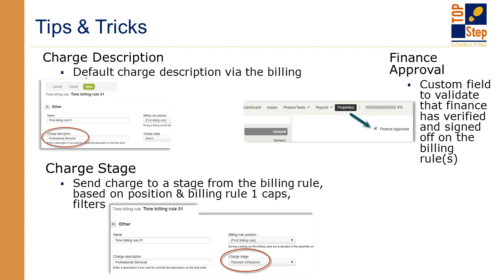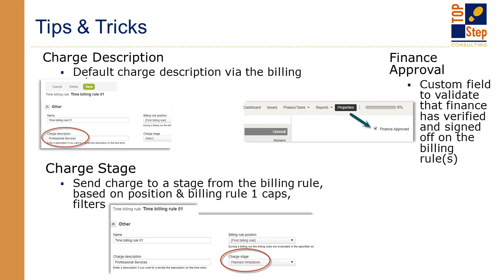Another trick, or something that I kind of like, if finance is not setting up the projects today, or if they are and you just need a second validation that it was set up correctly, is perhaps having a field on your project properties form, like a checkbox or a drop-down, that indicates that finance has reviewed and approved the billing rules on the project.